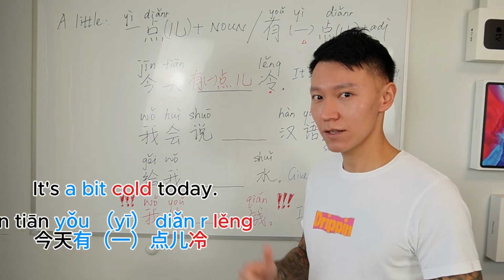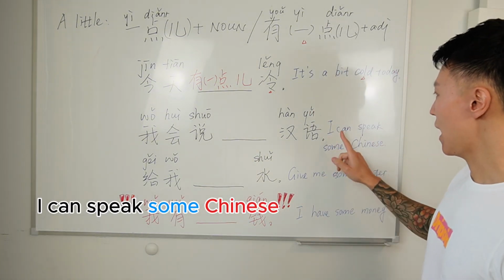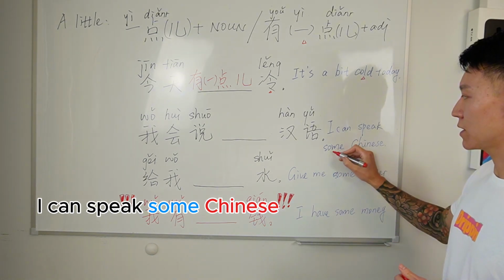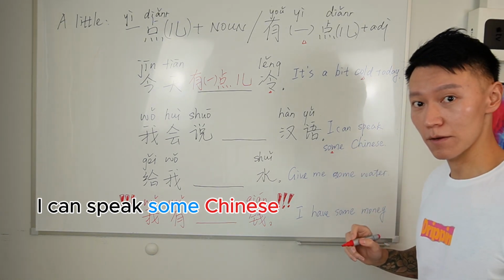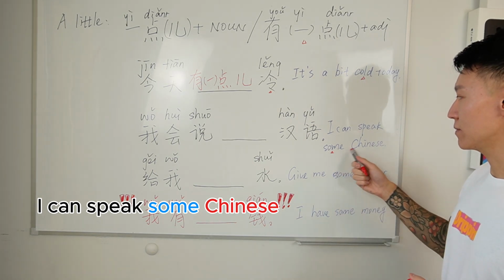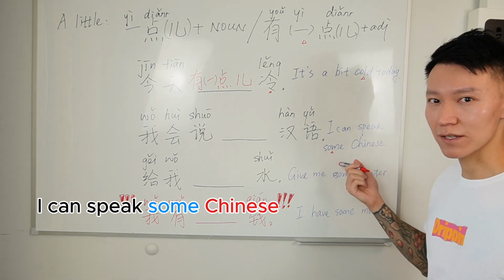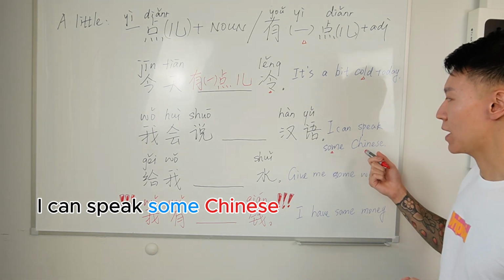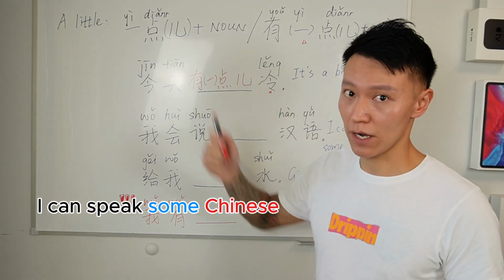Alright? Now let's look at the second one. I can speak some Chinese. So here, some, a little, a bit. After some, we have Chinese, meaning Chinese language. So Chinese language is a noun. That's why we need to use 一点儿.